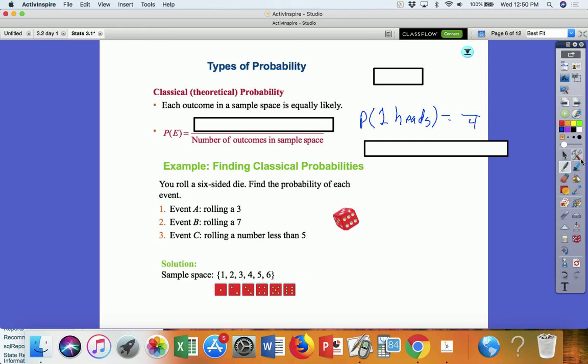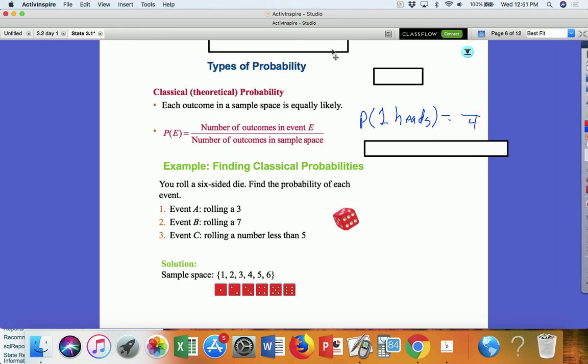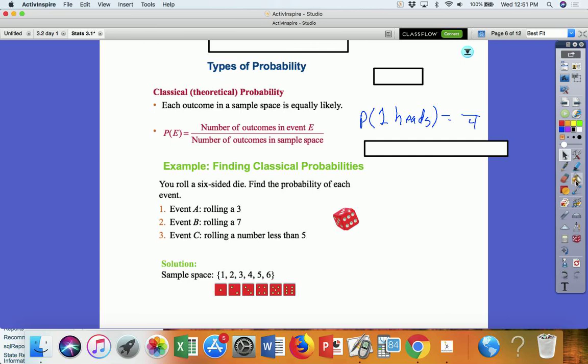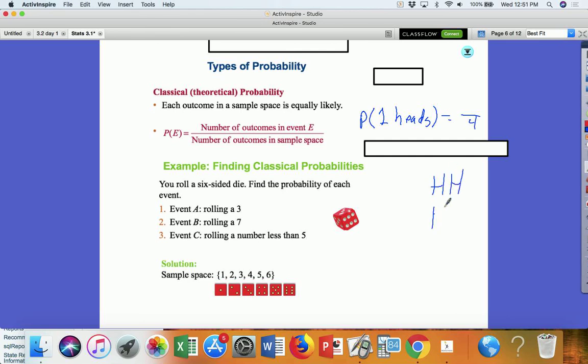And then we're going to put in the top the number of ways that event E could occur, the number of outcomes of event E. And what's the number of outcomes where it comes up heads one time in these 4? There's 2, so your probability of it coming up heads once in a 2-coin flip is going to be 1/2, 2/4. That's theoretical, right?